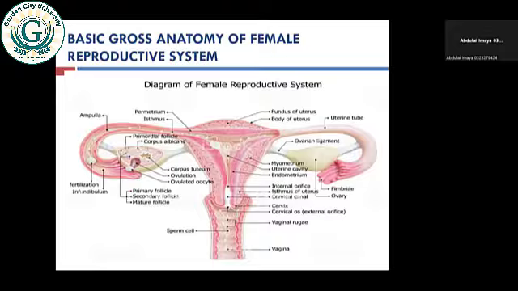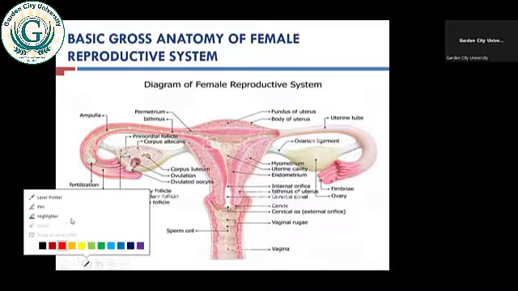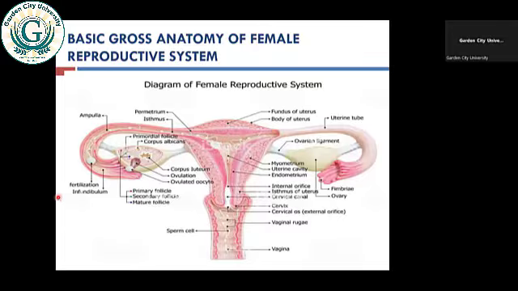So this is a diagram of the gross anatomy of the female reproductive system. We are all familiar with this diagram. This is not our first time of seeing it. Because in family planning, we have to talk about the female reproductive system.